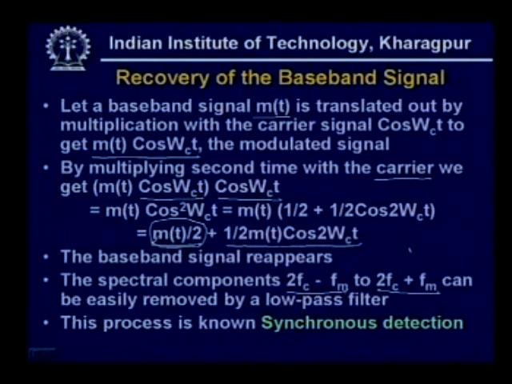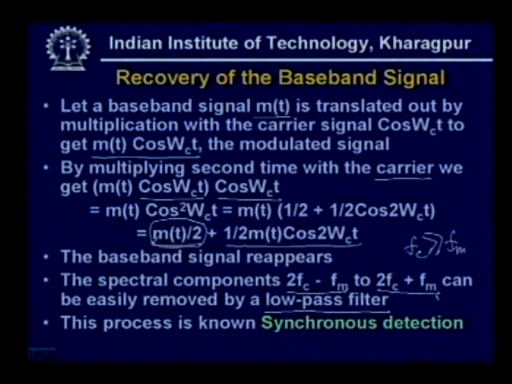However, normally fc is much greater than fm. As a consequence, these components 2fc minus fm to 2fc plus fm can be very easily removed by using a low pass filter. That means, if you use low pass filtering, then you can get back only the baseband signal.